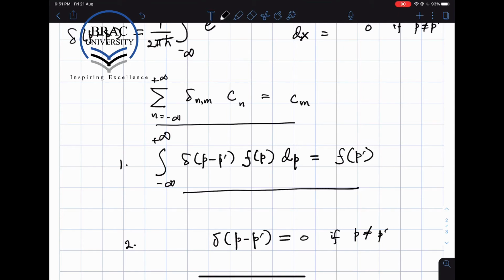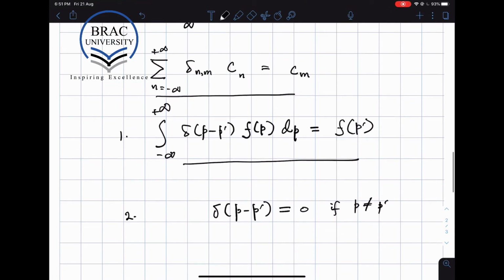This function is called the Dirac delta function. So this has a name. And it's not really a function per se. In the mathematics literature, it's known as a distribution.